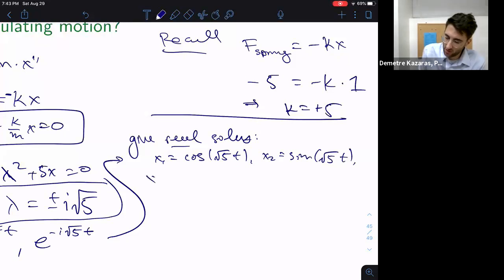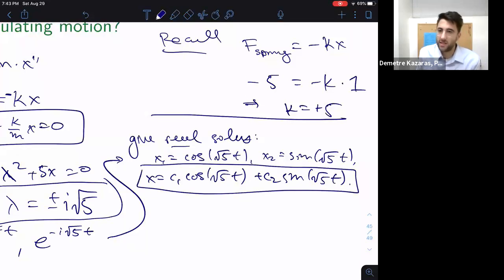And so the general solution will be C1 cosine root 5t plus C2 sine root 5t. Okay, so that's the general real form solution.